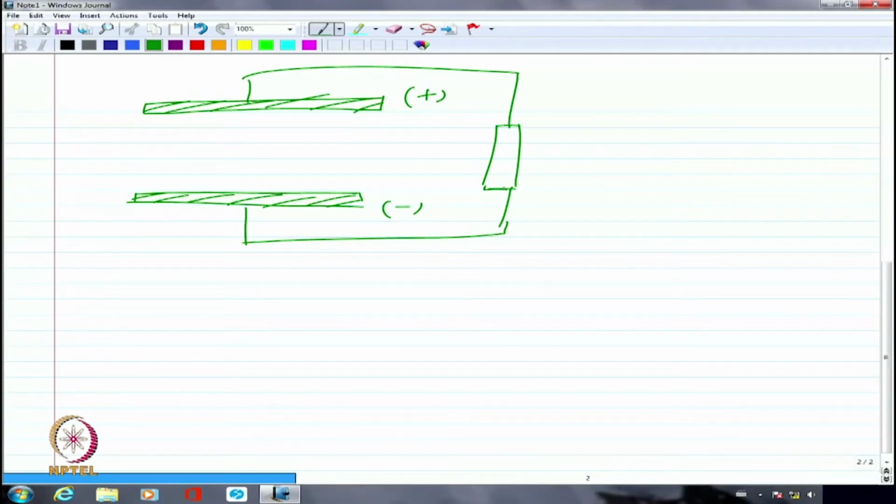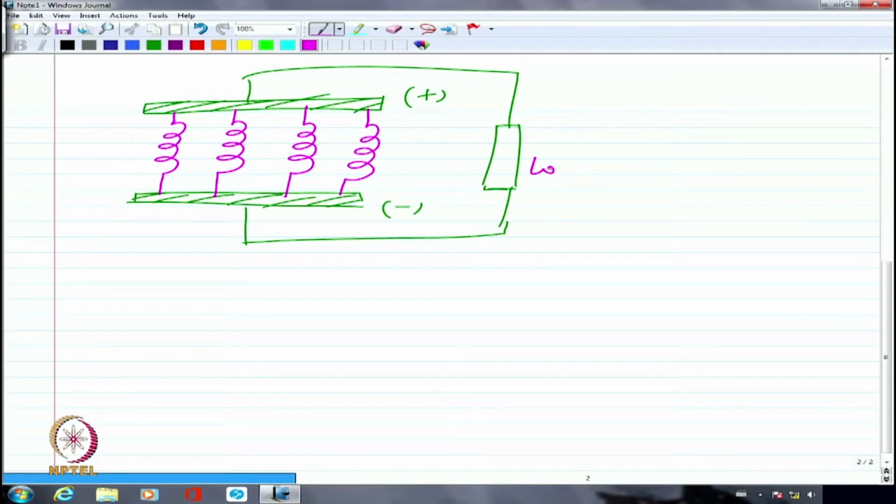And in between these two, I have the turns. So 3 turns for this, 3 more turns for this, 3 more turns for this, and 3 more turns for this. This is how it is. So this is the arrangement of a lap winding. Please note that there are as many parallel paths as the number of poles.